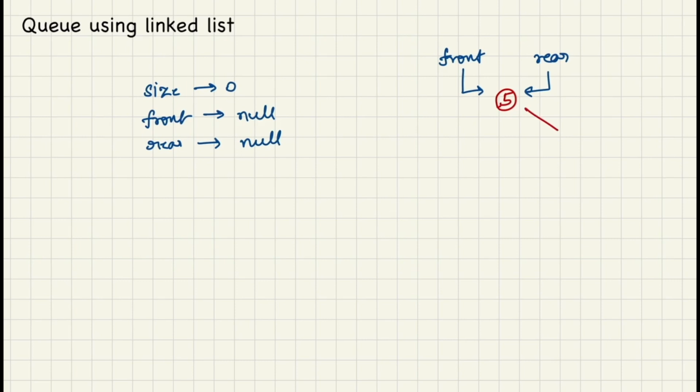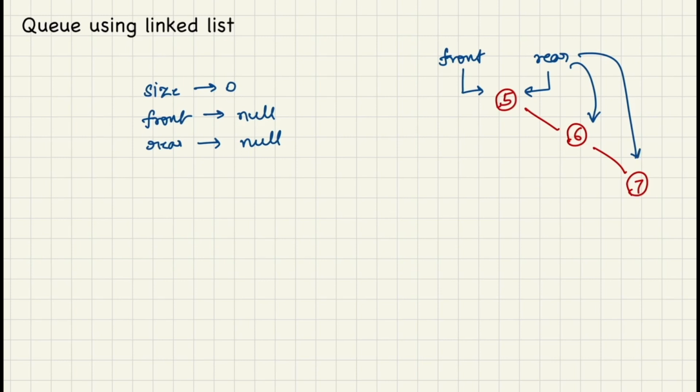So if we are adding 6, it will come up here. Front is still not changed, and our rear will now point to this 6. Okay. Similarly, if we are adding 7, our front is not going to change, it will still point to 5, and the rear will now point to this 7.